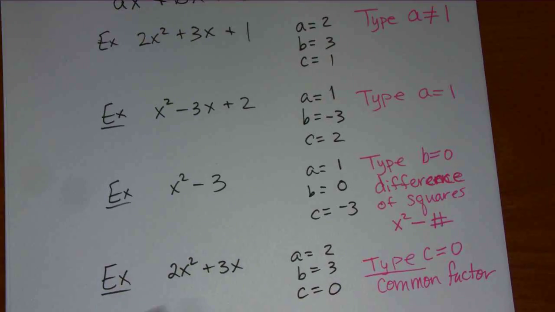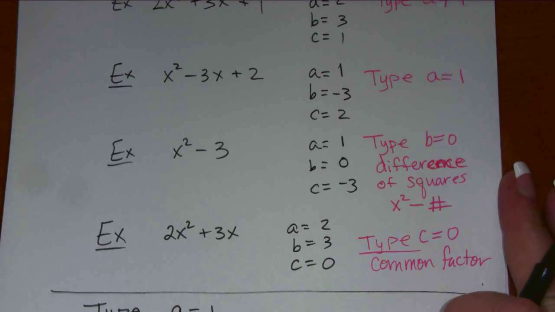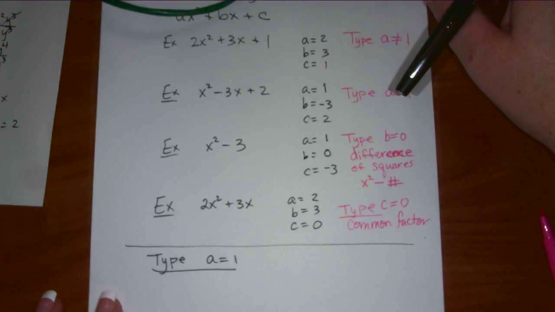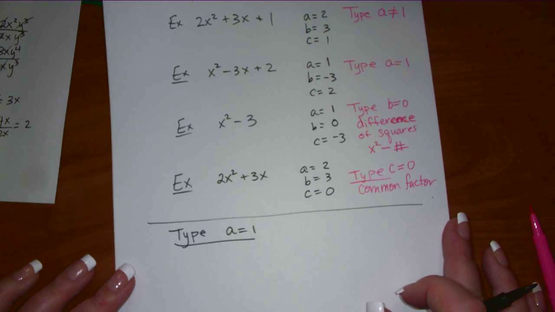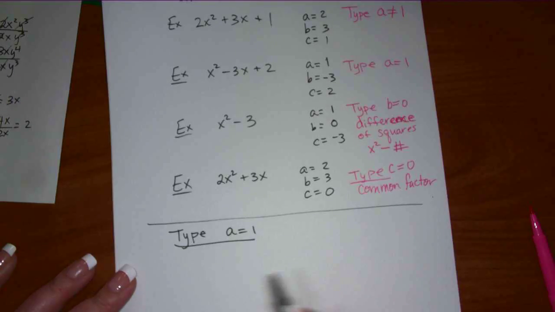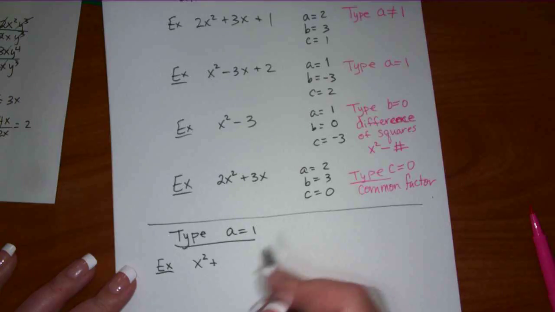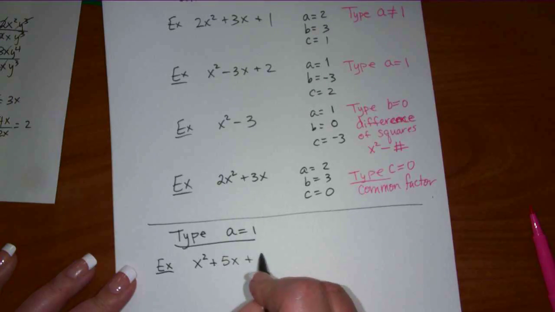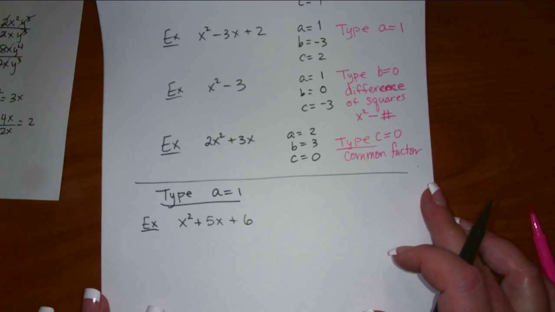All right, so we're going to start with type a equals 1. Okay, so does anyone remember how to do this?